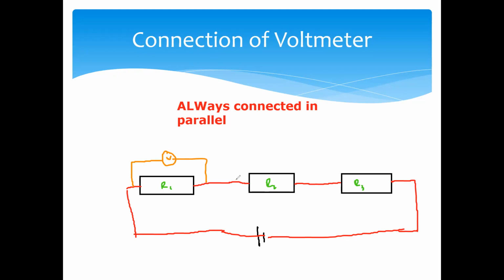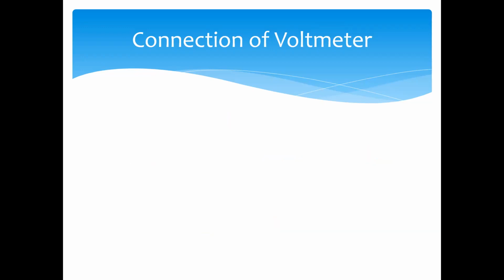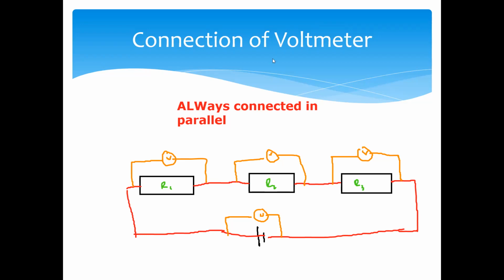If we want to measure the voltage across R2, we connect it across R2. And for the voltage across R3, in parallel across R3. And if we want to measure the voltage across a battery or a cell, we connect the voltmeter across the battery or the cell. So voltmeters are always connected in parallel. So this is about the potential difference and the voltage.